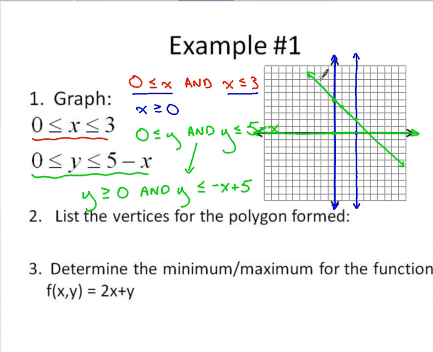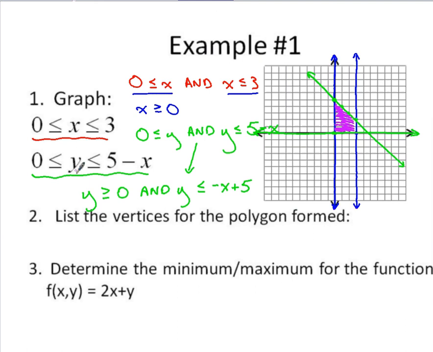And if we were going to shade with respect to that line we just drew, we'd be shading below. So where this all comes together is right in here. Everything in purple there, if I chose any point in this region, that point would serve as a solution to the system over here.